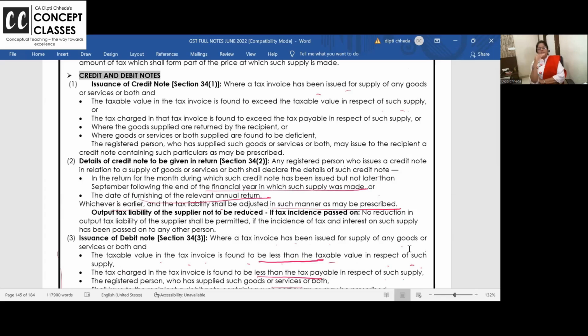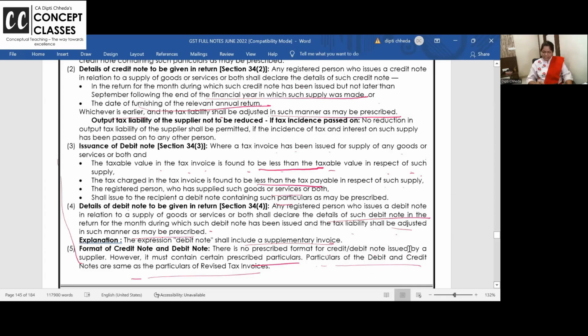So the value of goods has reduced, the rate has reduced, the value of defective goods has reduced, so party, we are crediting you, you pay less, and this is to be adjusted in that month's return whenever this happens. The maximum time limit within which the goods can come back and you can adjust is: financial year 21-22 is over, so the September 22 return, when you will file in October, or the 21-22 annual return, which you generally file before December 22, whichever is earlier.